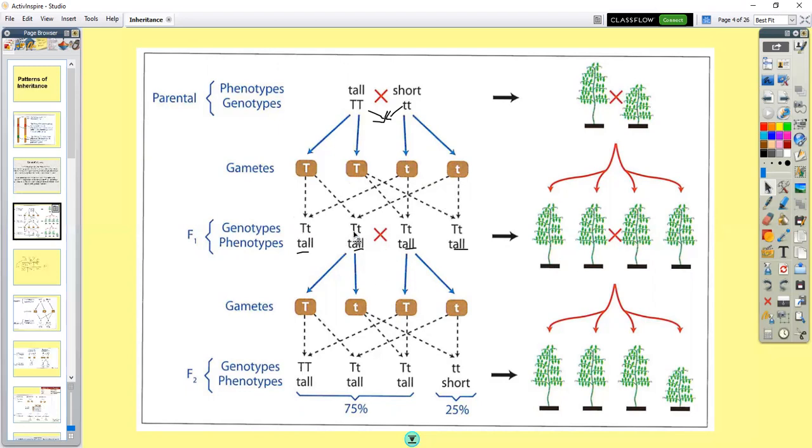Okay, now if we cross some of the F1 generation, that first generation, big T, small t, crossed with big T, small t, then we would end up with a 3-to-1 ratio of tall to short. There you would have a homozygous dominant, two heterozygous, all three of these being tall, and then the homozygous recessive, small t, which is short.